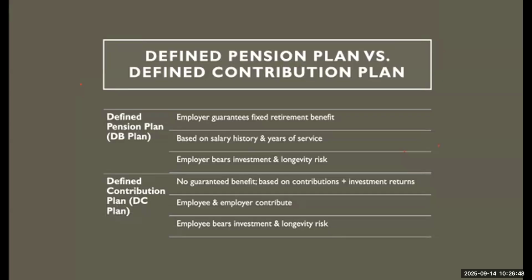If you live for 95 years or 105 years, the employer still has to pay you. No matter what your age is, you are supposed to get the pension. That is longevity risk. And investment risk, if anything bad happens in the market, when the market crashes, your employer still has to pay you the pension, no matter what.